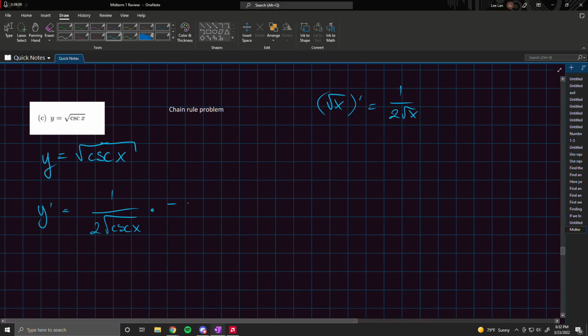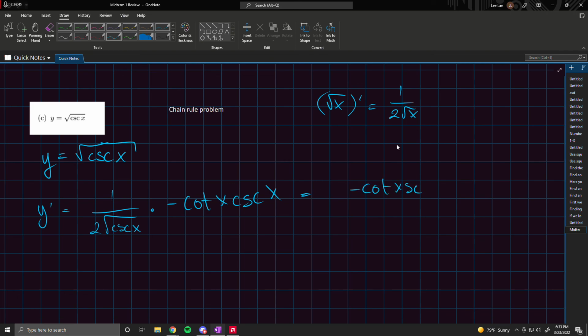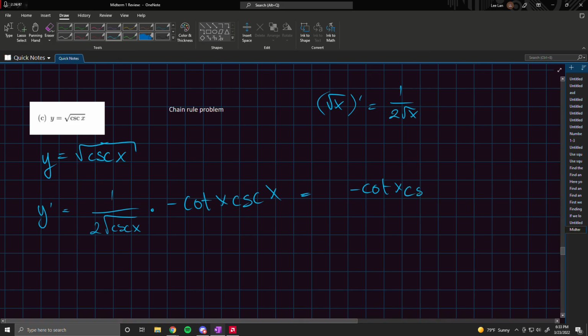Okay. Negative cotangent x cosecant x. And then just combine everything together. Negative cotangent x cosecant x, all over 2 root cosecant x.